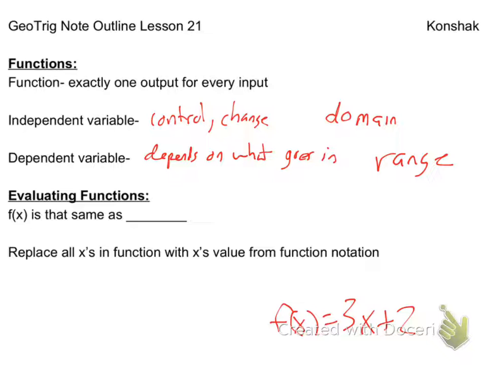And what it means is that you're talking about a function, that's why we use f a lot, a function made up of x's. But we also should know that f of x is the same thing as what in a normal equation? It's the same as the y.